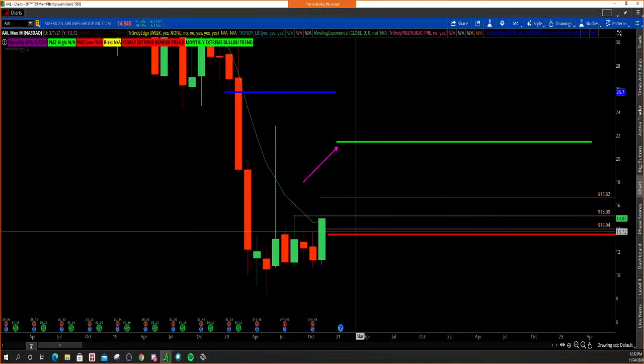Now take that 21 and pay attention to ATR. Start to understand formations. Maybe this goes inside next week. Maybe it goes inside for 2 weeks, and then maybe we get a move. So that's 1 week, 2 weeks, 3 weeks, and then maybe we get three soldiers. Different things can happen.